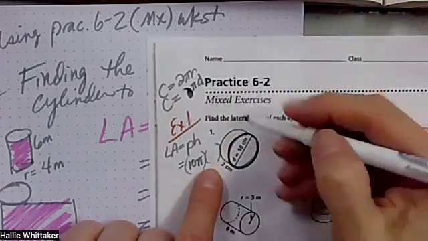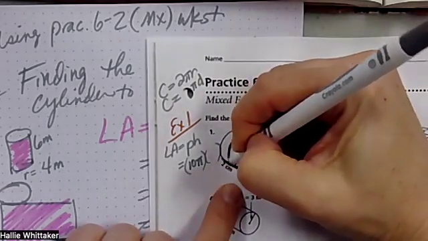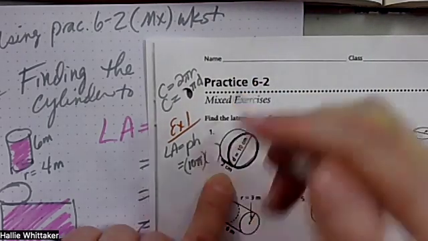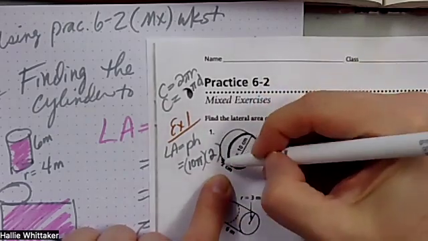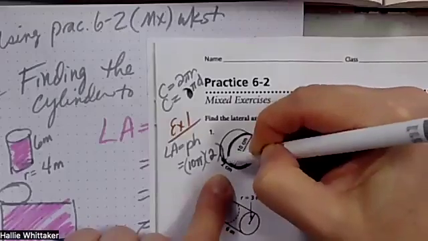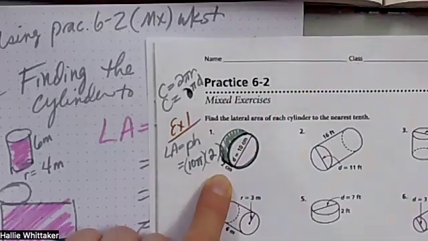Okay. Now, what is the height? I'm trying to give you a hint right there. 2. Okay. And you see, here's your base, here's your height. That's giving us the lateral area right there.